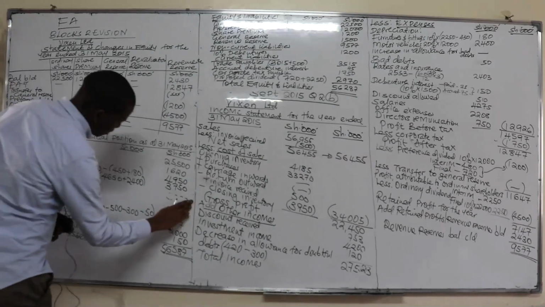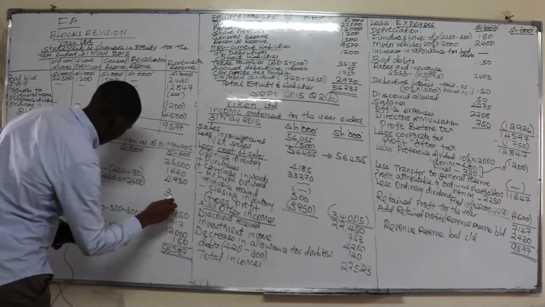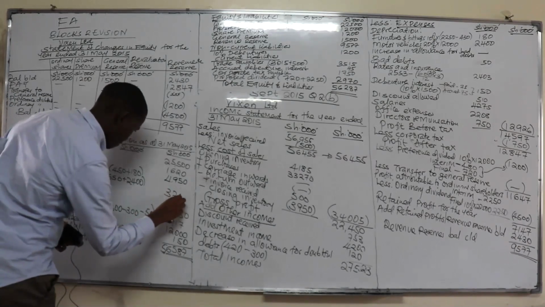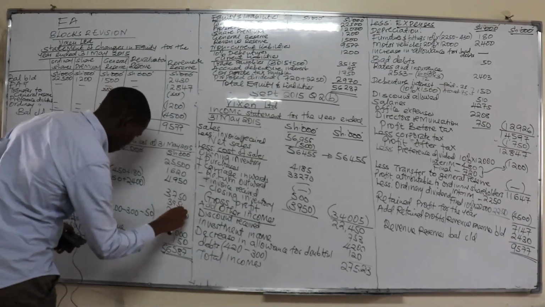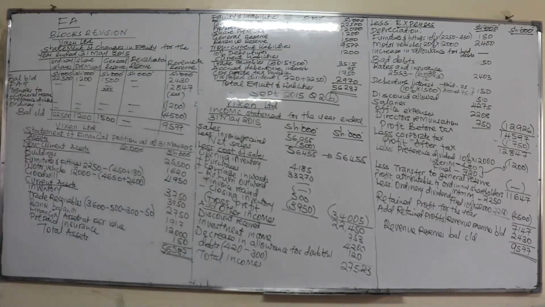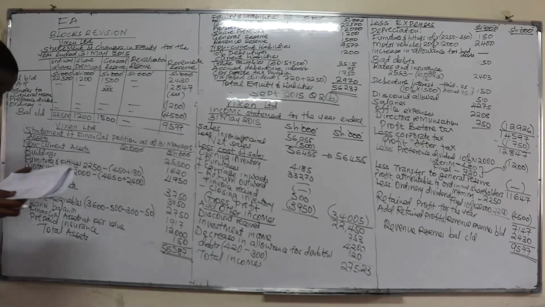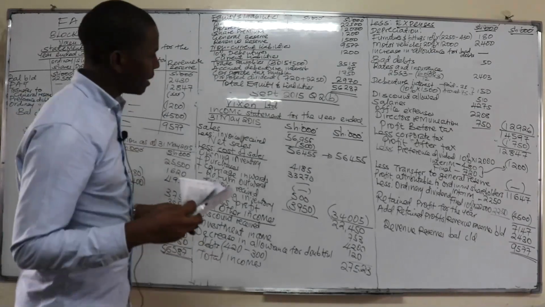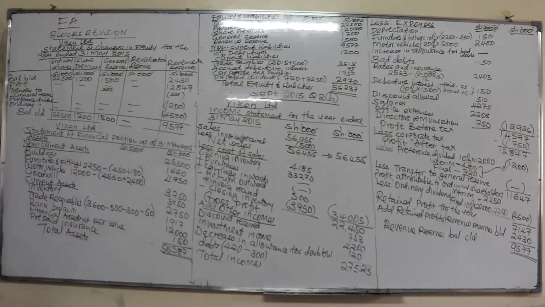Or was there any cash? Check the share premium, goodwill, purchases, bank is okay, furniture and fitting, investment income. I think, yeah, we've included everything. That is how the question is supposed to be done.